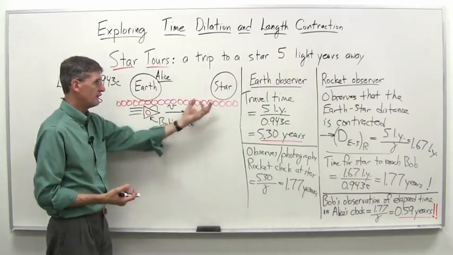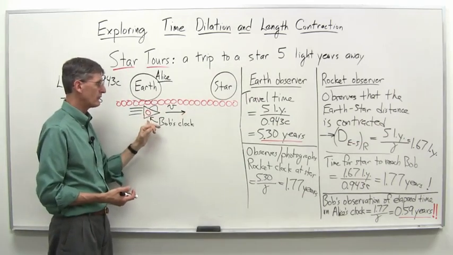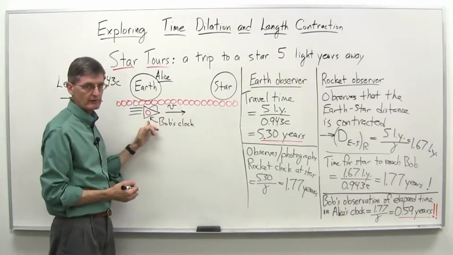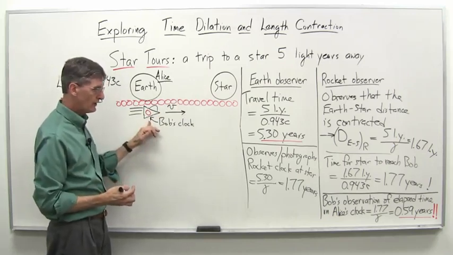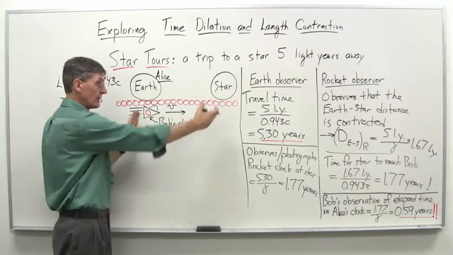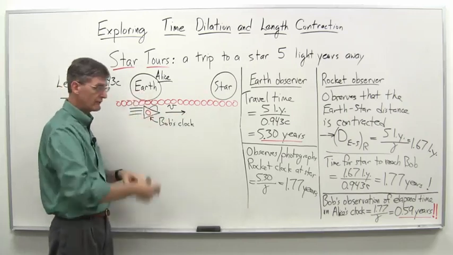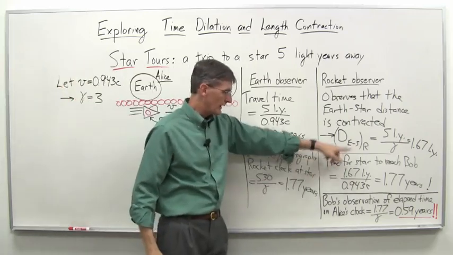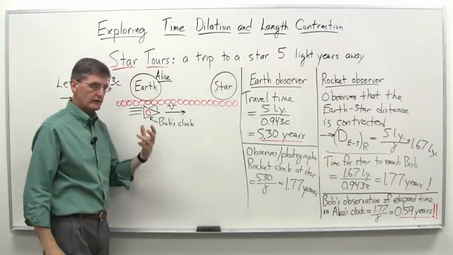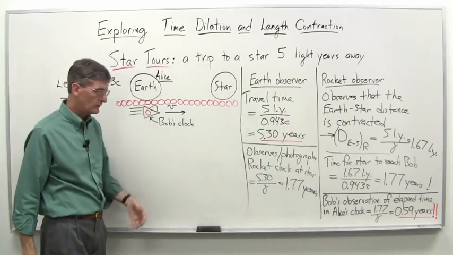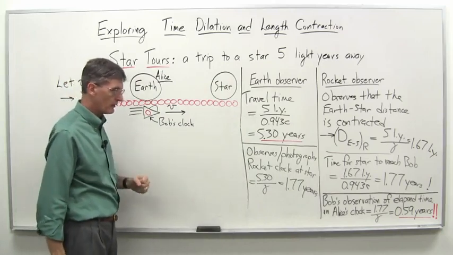So to Bob, when he just passes Earth, he sees the star 1.67 light years away and traveling toward him at 0.943 c. Therefore, the time for the star to reach Bob and have the photograph taken is 1.67 light years divided by 0.943 c. We're taking c to be 1 light year per year. And therefore, it comes out to be 1.77 years.